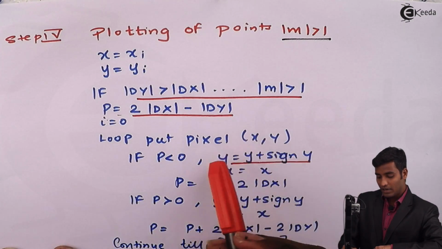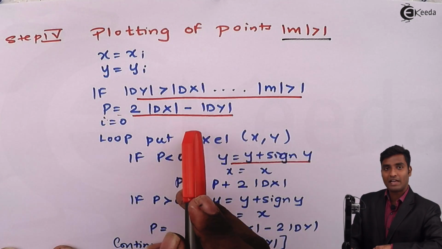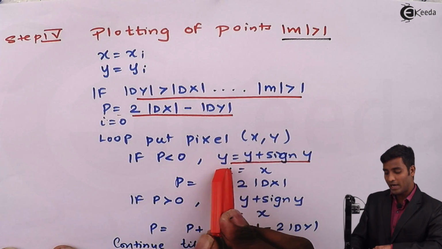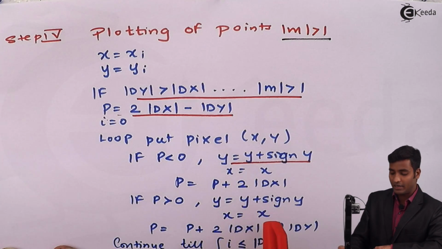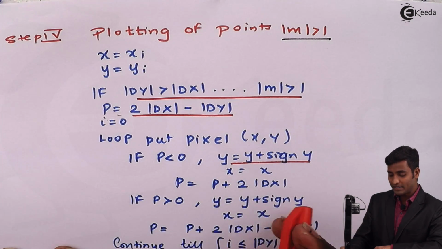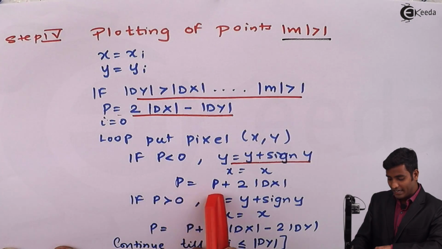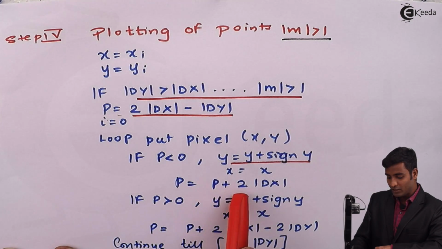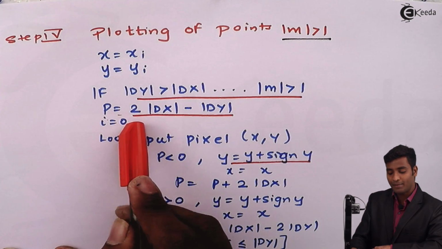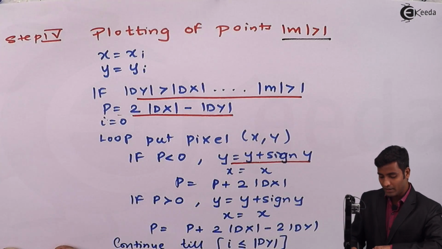So on the basis of this value, that is the decision parameter, if the value comes out as less than 0, then I will use y as y plus sign y and x equal to x, that is it will remain unchanged, and I will use this relation p equal to p plus 2 dx, that is the previous decision parameter plus 2 into dx, the difference in x coordinate.